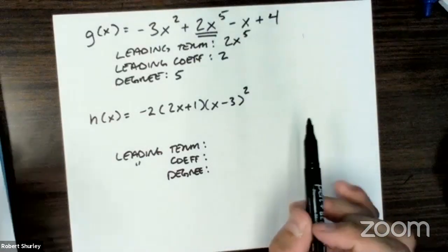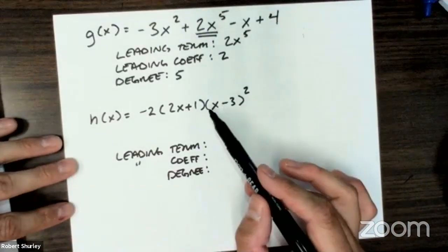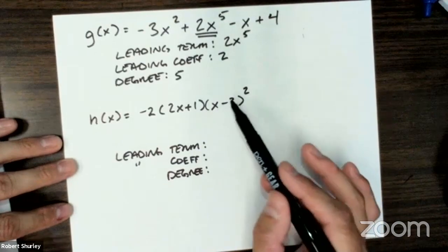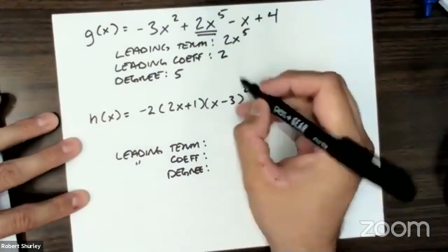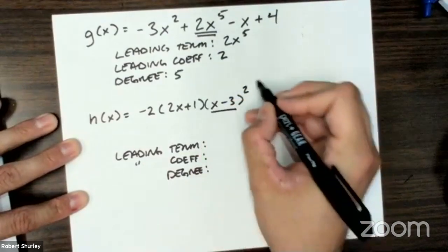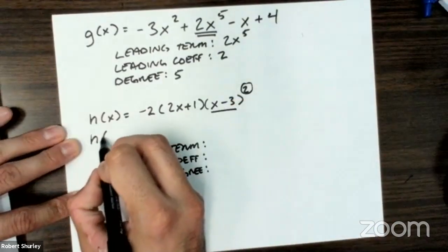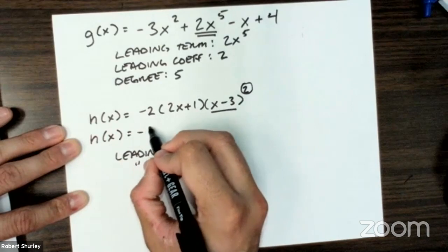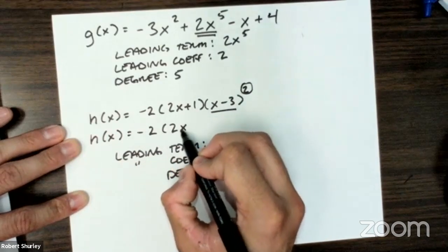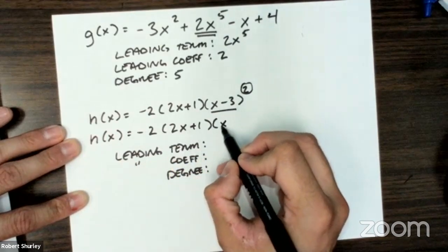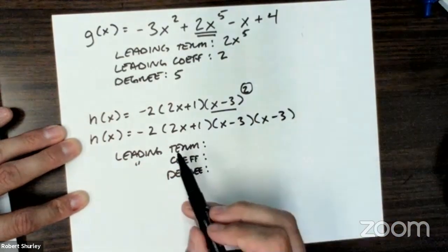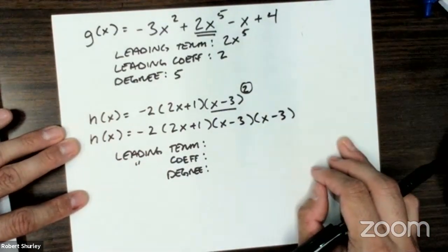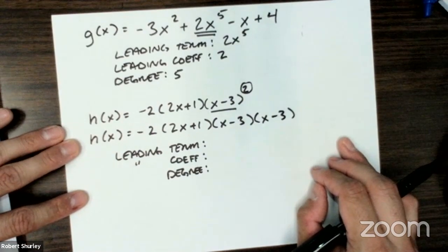Now, in my brain, I need to think of it as x minus 3 multiplied out twice. And I'll show you, it kind of helps us. But realize, if we've got a binomial squared, what this really means is we have negative 2 times 2x plus 1 times x minus 3 times x minus 3, right? If we were going to write it out. Okay?